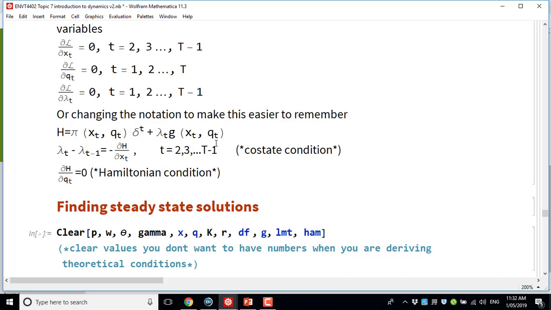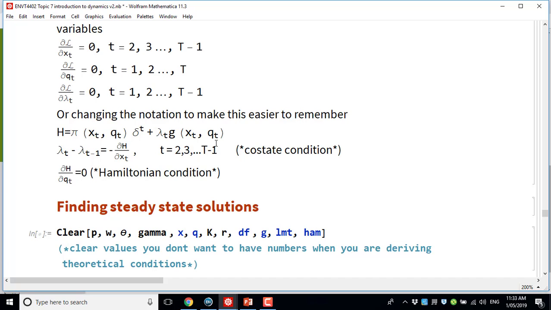Because all these partial derivatives are really hard to remember, what Pontryagin did was define this other function, which is called a Hamiltonian, and he boiled it down to being just two conditions.